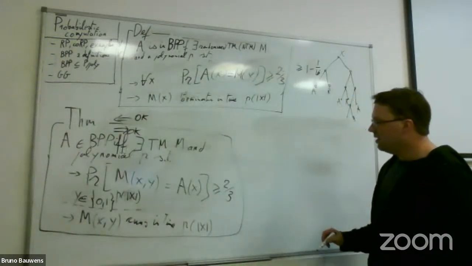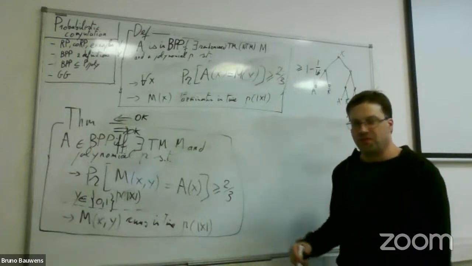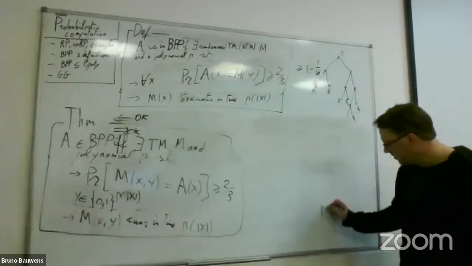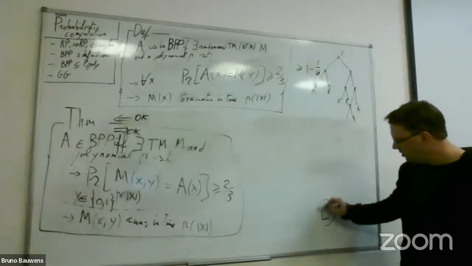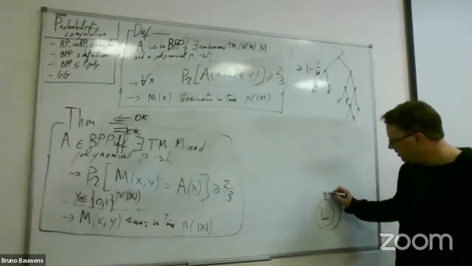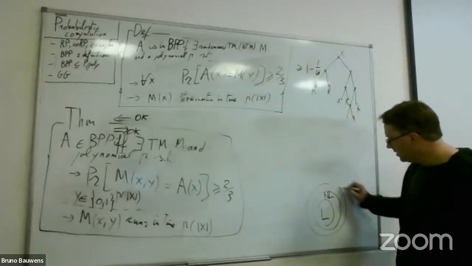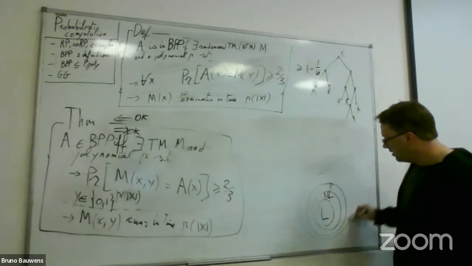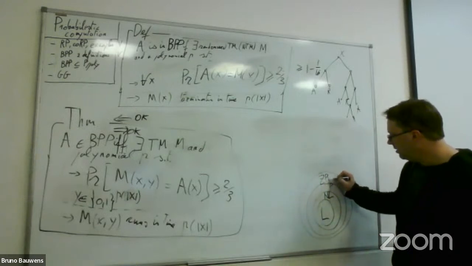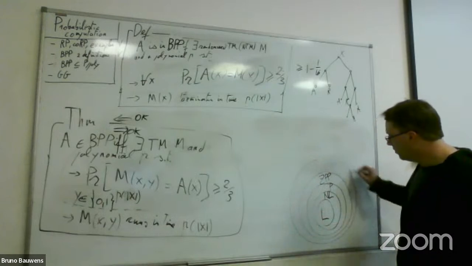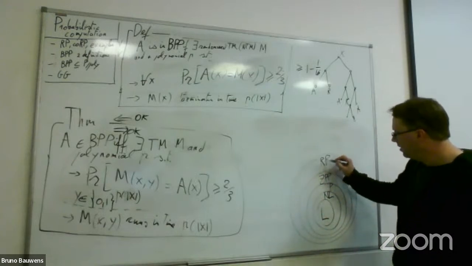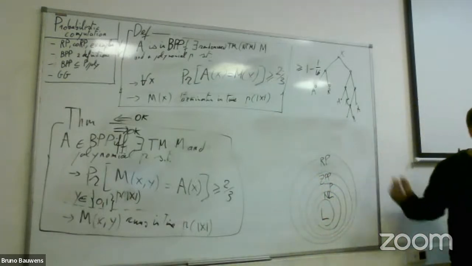Let's try to make a Venn diagram of all the classes we know. So we have L, we have NL, that's P, we have coRP, then we have RP. Okay, and now it's nicely concentric.